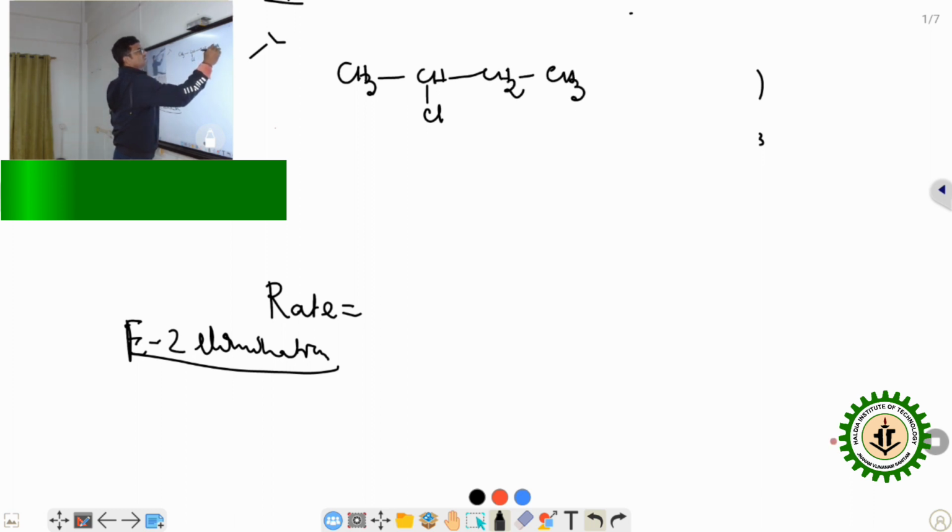This is also a beta elimination reaction or 1,2 elimination reaction. If I use a base, what will happen? It's a concerted process.